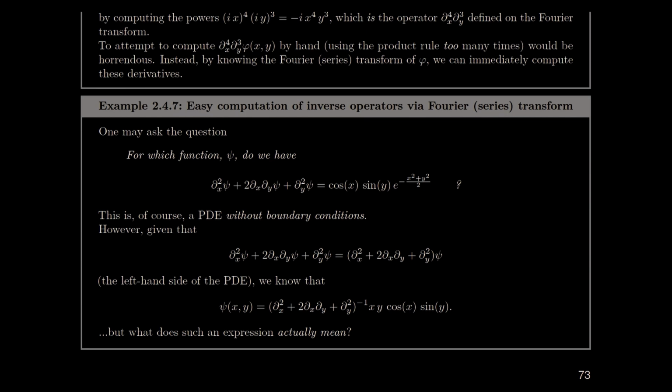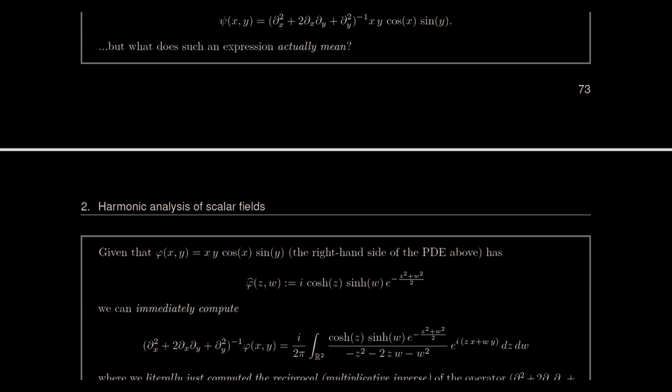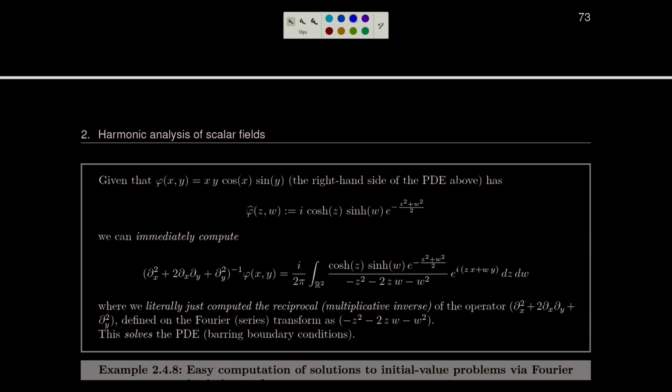You can do it with the Fourier transform because the transform transforms, I wonder why it has that name, the derivatives into numbers, really functions, right? They're functions of z and w. But it transforms these derivatives. There's a z squared, a zw, and a w squared, and then a couple i's give me the negative signs. If I want to take its inverse, I'm literally just taking 1 divided by those.